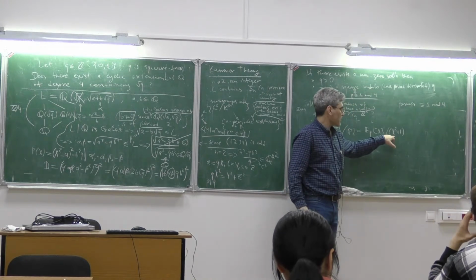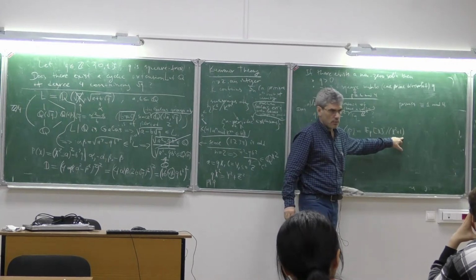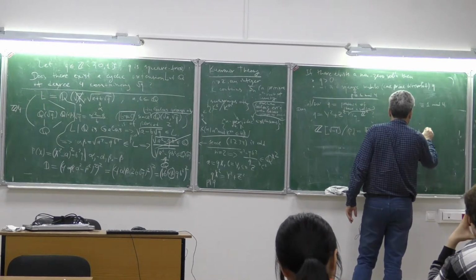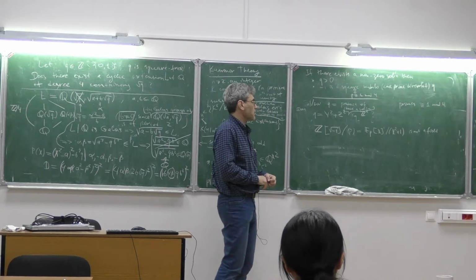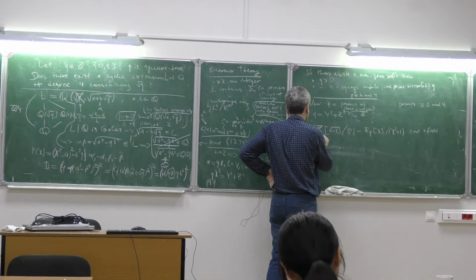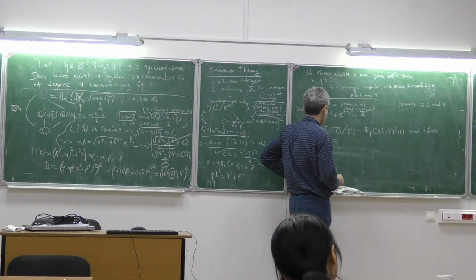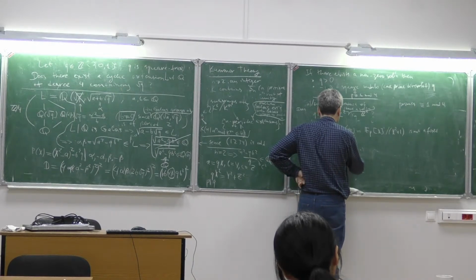But we know that x squared plus 1 is reducible, so it is not a field. And therefore, P is not prime.